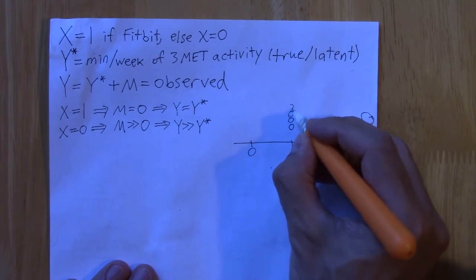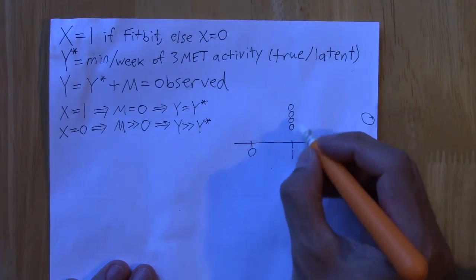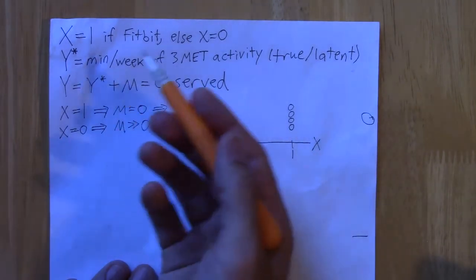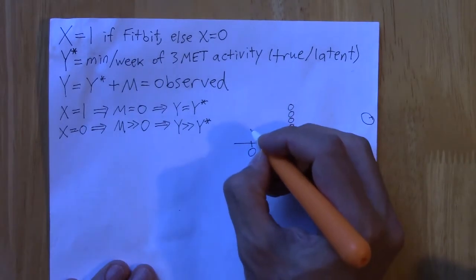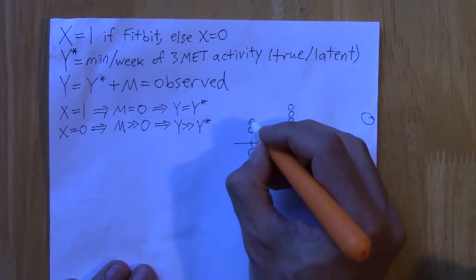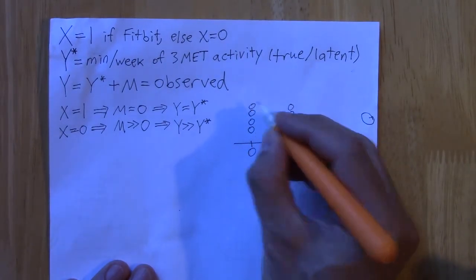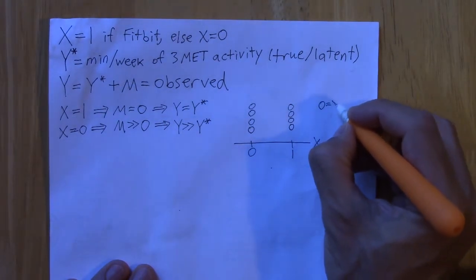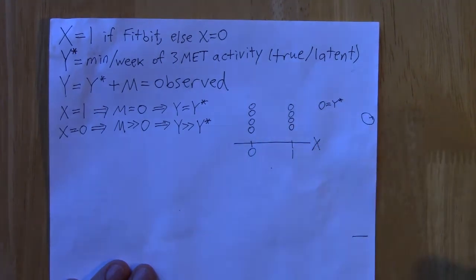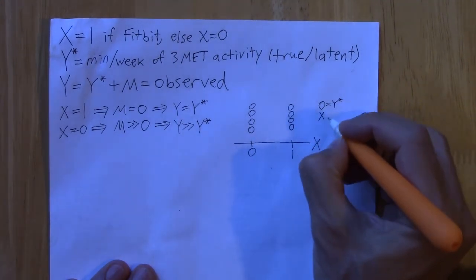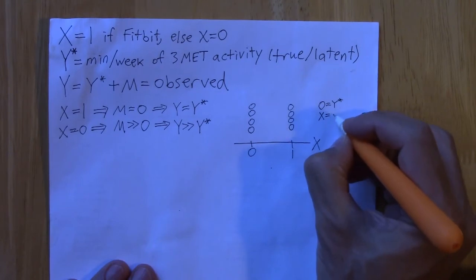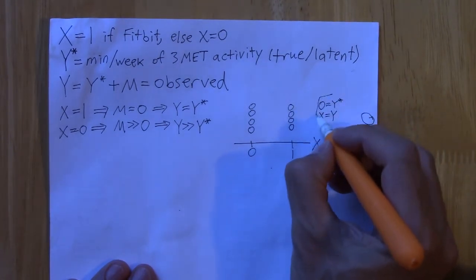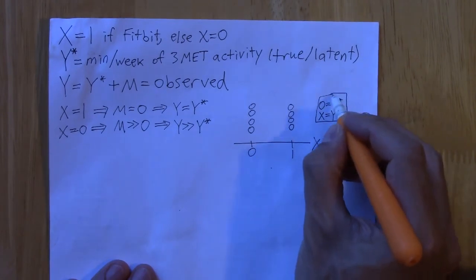So maybe this is what the Fitbit users are getting, and maybe it's actually pretty much the same for the non-Fitbit users. They're both like that. So these are the y star values, and then I'll draw x's for the y value.